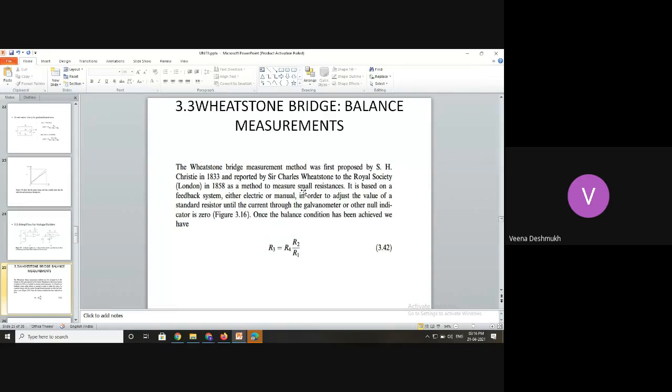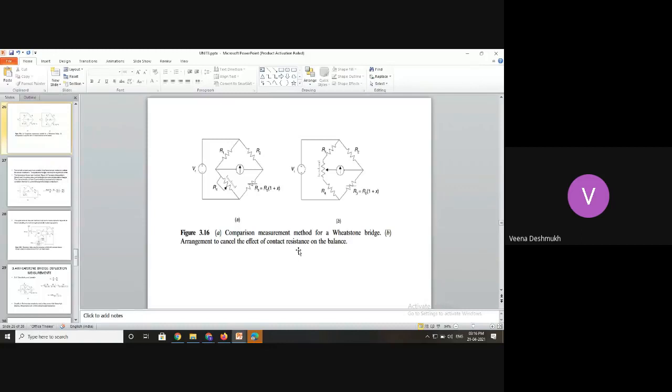The next one, Wheatstone's bridge. Wheatstone's bridge, already we know it is a 4-arm bridge, wherein you have 2 ratio arms whose ratios are equal when the bridge is balanced.